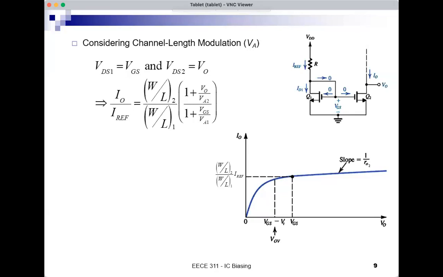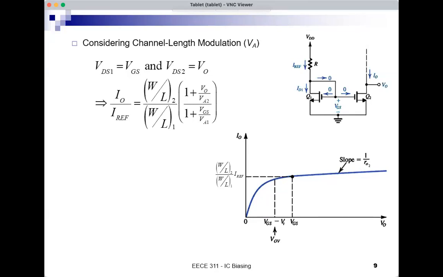And if I look at this expression and I verify it by circuit simulation or by full analysis of the circuit, then this is the curve that I would get. This is a simulation that shows me how the output current varies with the output voltage for all values of VO. Now, is this good news or bad news?